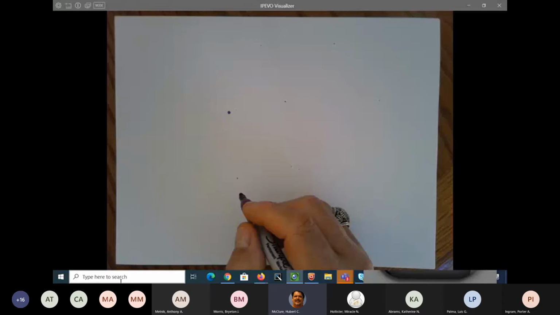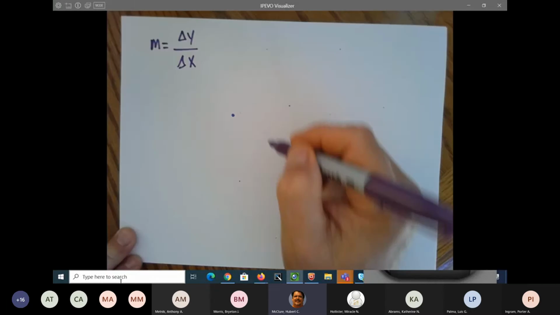So here we go. Slope is equal to delta y over delta x. The change in y over the change in x, which means y sub 2 minus y sub 1 over x sub 2 minus x sub 1. That is slope. The point slope equation.